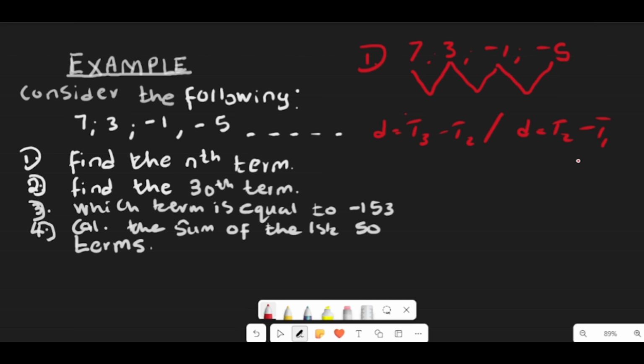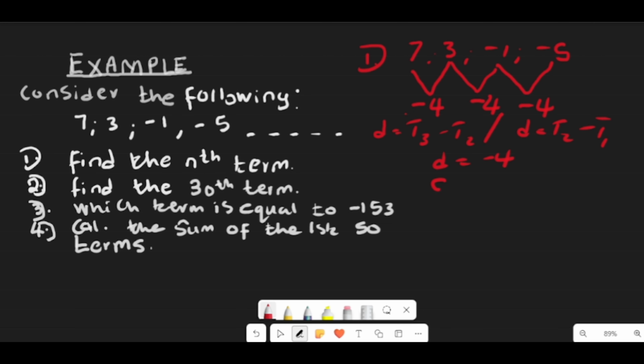In this case, 3 minus 7 gives us minus 4. Then minus 1 minus 3 gives us minus 4. Minus 5 minus minus 1 will give us minus 4. So therefore we managed to find our d. Our d is going to be minus 4.